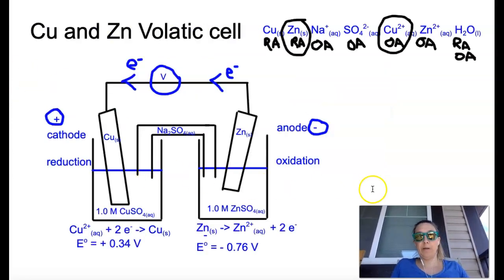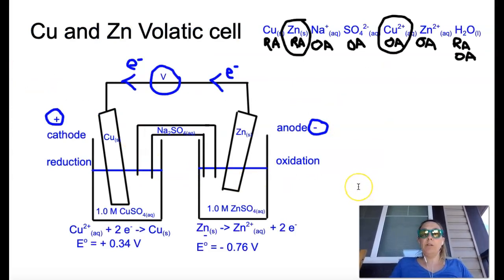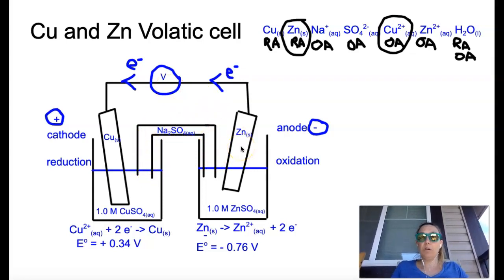So going back to our picture, because there's still quite a bit of information that we need to show. When she started building that voltaic cell, initially nothing happened, right? This voltmeter was reading 0. It only started to read a number when she put the salt bridge into place. So why do we need the salt bridge?